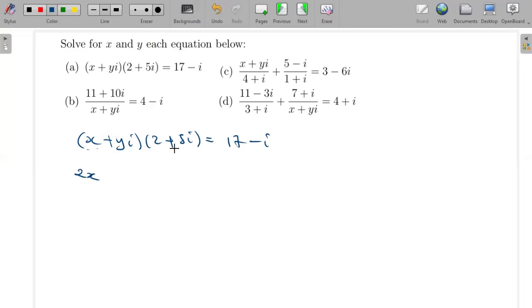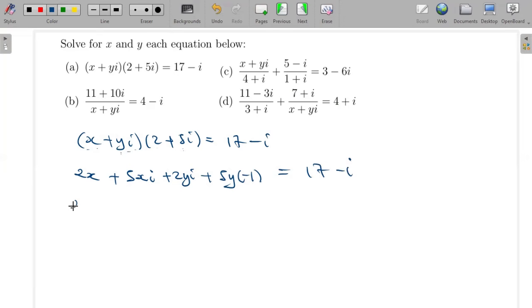Then I get x multiplied by the 5i, that's 5xi. And next we multiply yi by the 2, that will be 2yi, and then the other one I multiply there, I'm just going to get 5y times i squared, I replace with negative 1, is equal to 17 minus I.